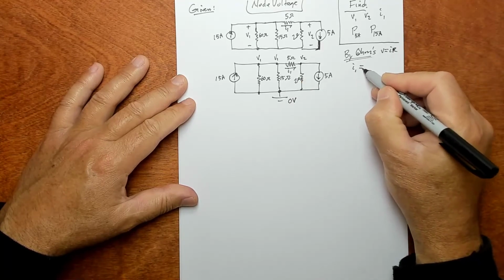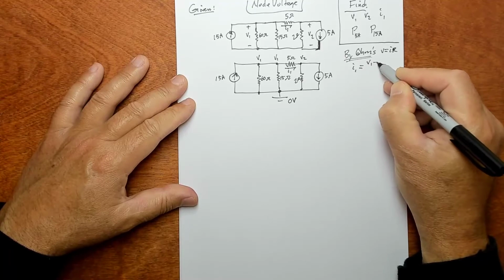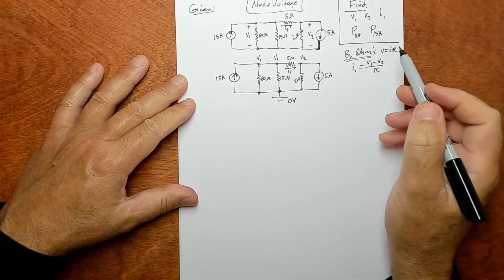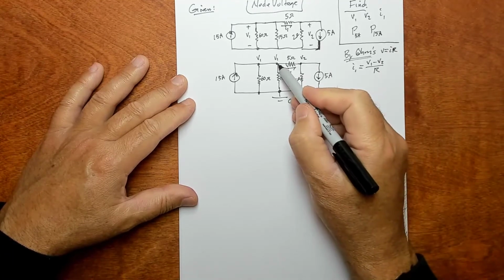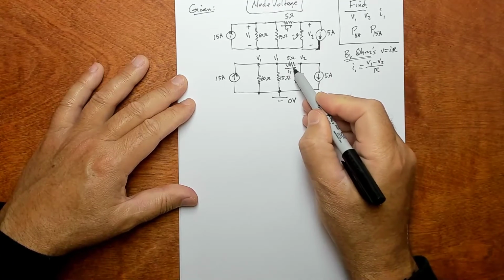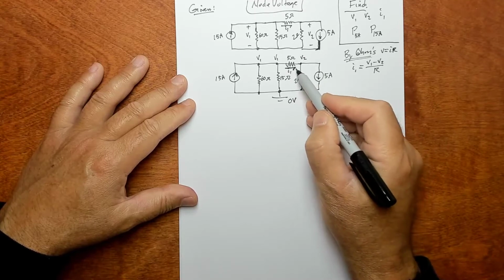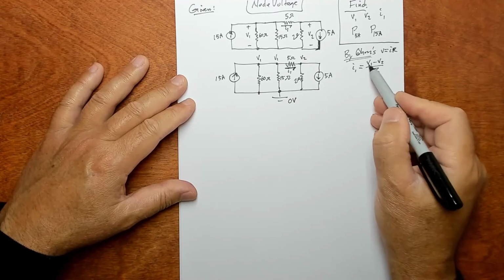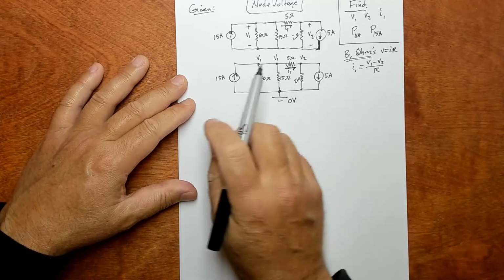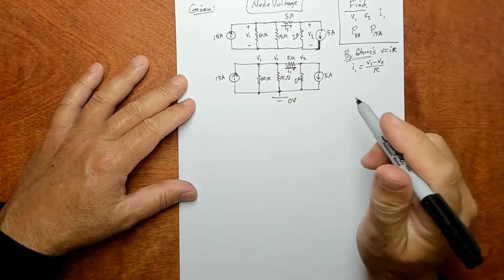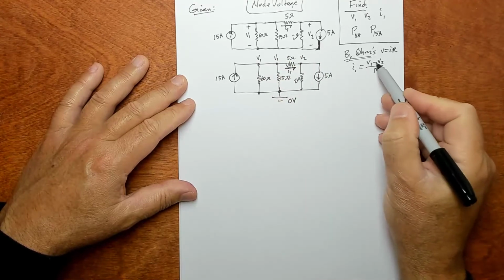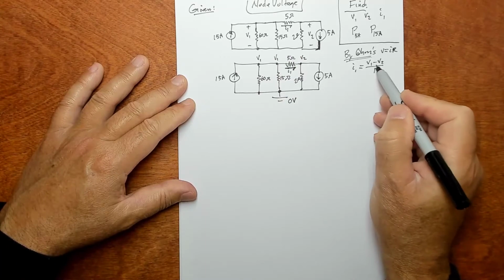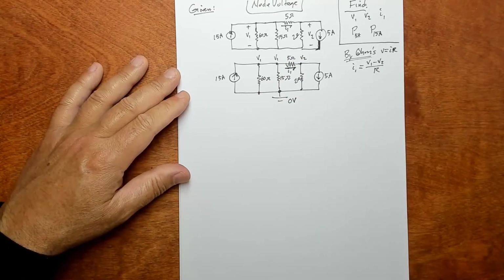So I1 is given by the potential difference over the resistance, because it's potential difference that makes current move. In order to get this current direction that we've been given, that would only happen if V1 were bigger than V2. So I put V1 on this side. So I'll get a positive value, and I will be positive in the arrow direction that's given. Okay, so that's just a little discussion about how you write these current equations for node voltage.